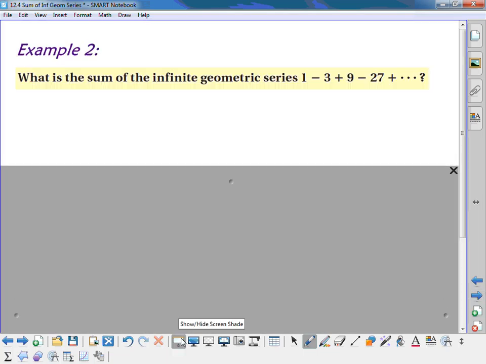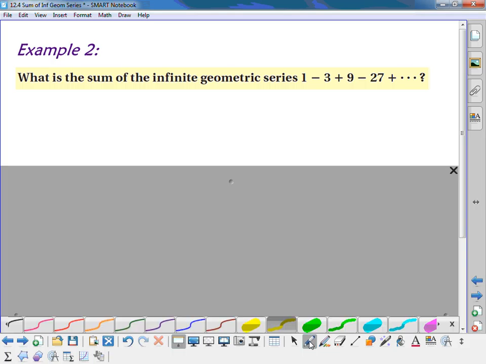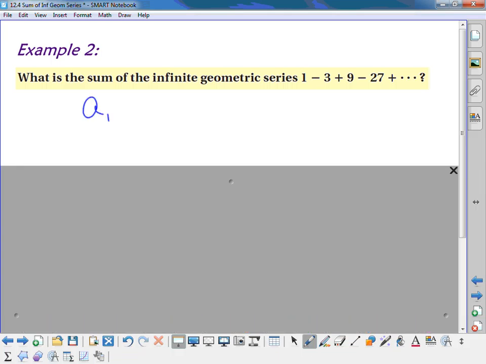All right, so let's take a look at this one. I've got the infinite geometric series 1, -3, 9, -27. What's a sub 1 for this one? 1. And what do you suppose the ratio is? Right, I'm multiplying by -3. So what's happening with these numbers as I'm going across?